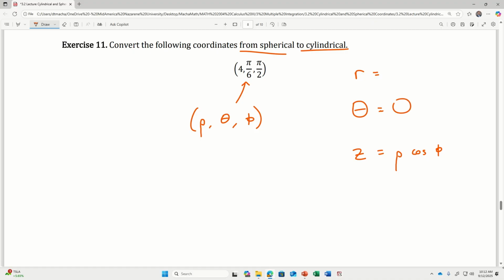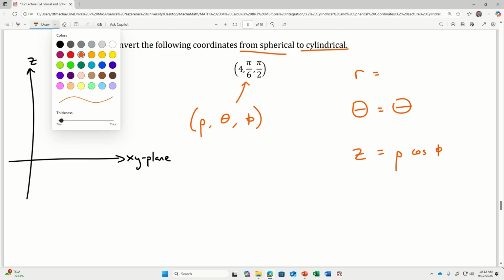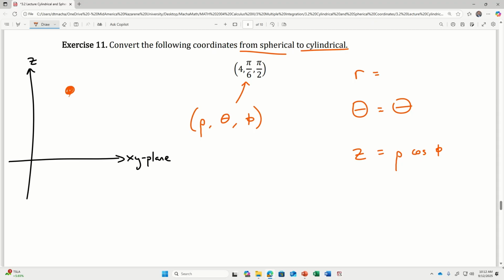Theta is in spherical coordinates, so theta equals theta. And then to get r, I once again think about what it looks like to have a z-axis and an xy plane and some point out in space here. And this is r, this is z, this is rho. And we're trying to figure out, how do I get r?